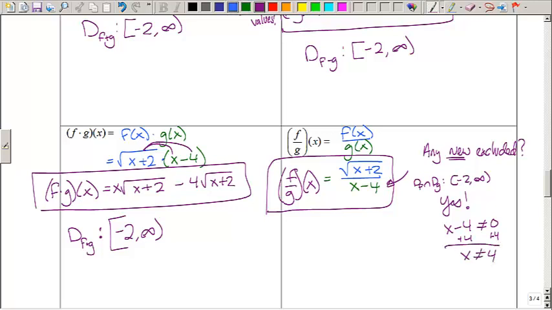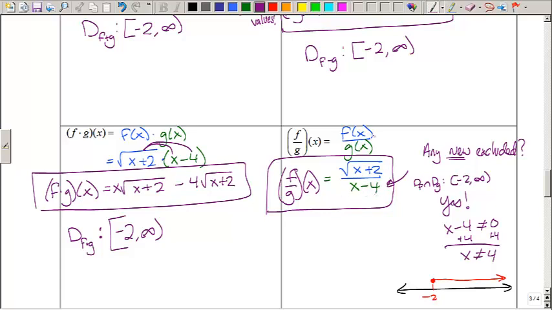Well, we already talked about we have a domain restriction from my original f and my original g being from -2 until infinity. But now in this purple new combined function, we're saying, well, we have a new problem where we didn't have before. When g of x was all by itself, we didn't have a problem with x minus 4 being in a numerator.